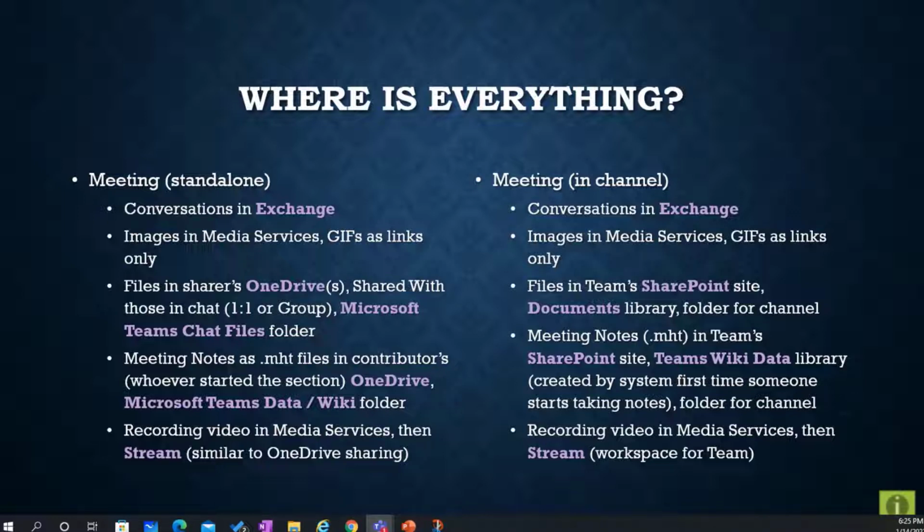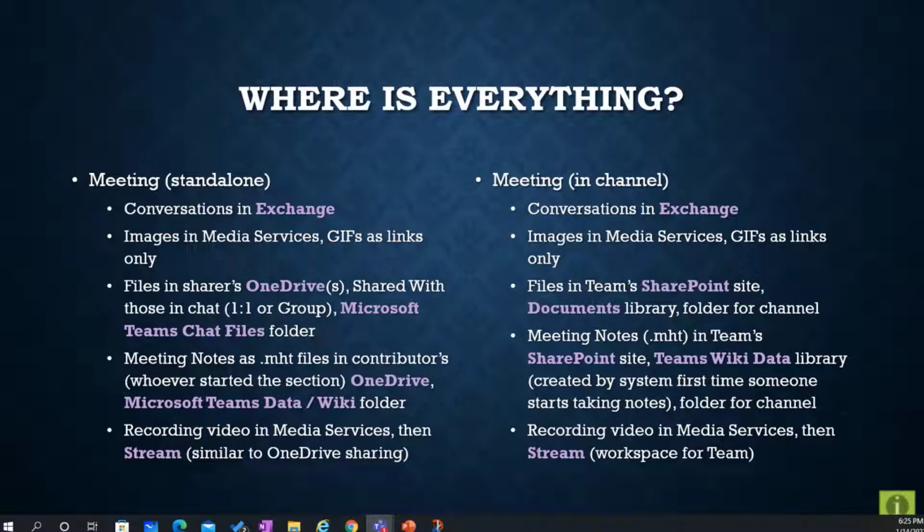Whoever started the section, as a .mht file or mhtml file in an automatically created folder called Microsoft Teams Data and then inside a wiki folder inside that. So it's not a very accessible file if you wanted to use the data somehow in a different way. And also it's in a hard to use format, mhtml.